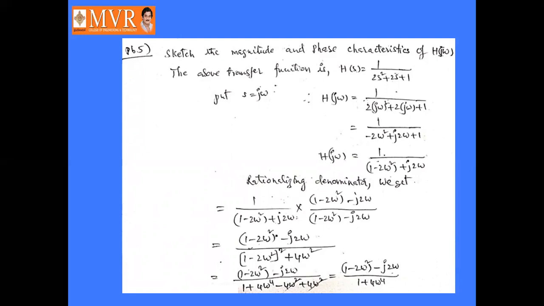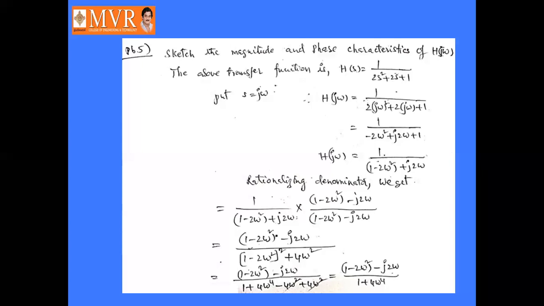So by expanding 1 minus 2 omega square whole square, that is in the form of a minus b whole square, so it is a square plus b square minus 2ab, so that minus 4 omega square and plus 4 omega square gets cancelled.